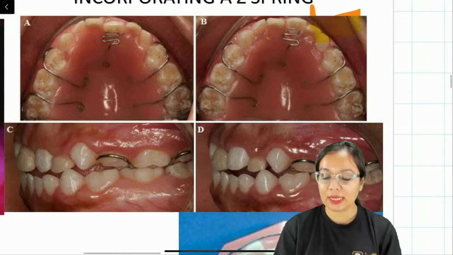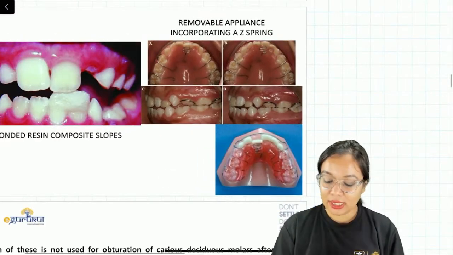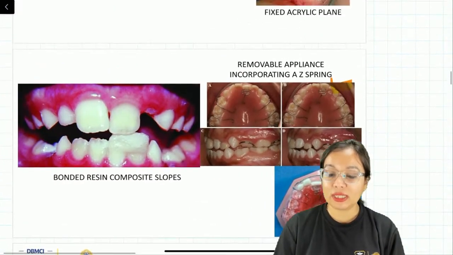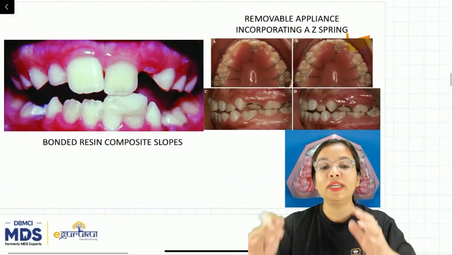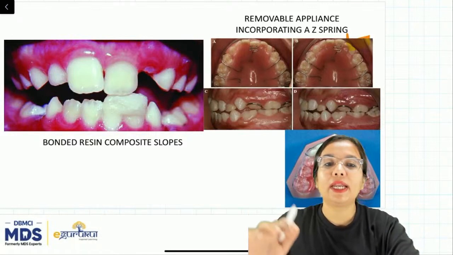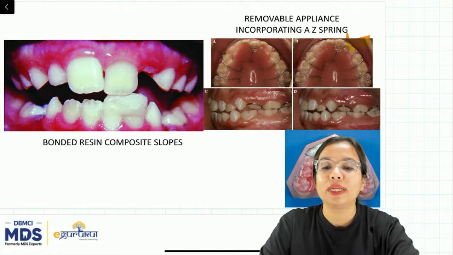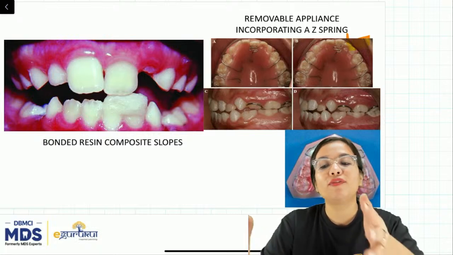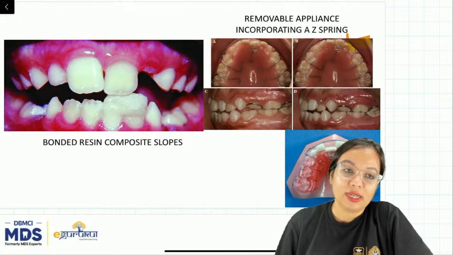The crossbite is corrected. So these are the various interventions that can be done in order to correct a single crossbite. And I told you why it is important to correct a single crossbite: it has the various complications that we just read.